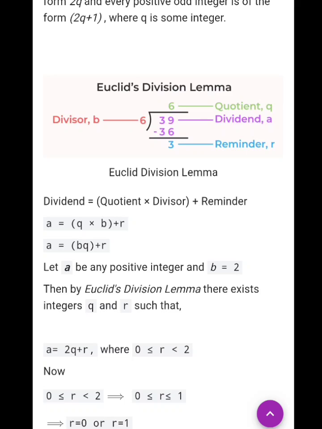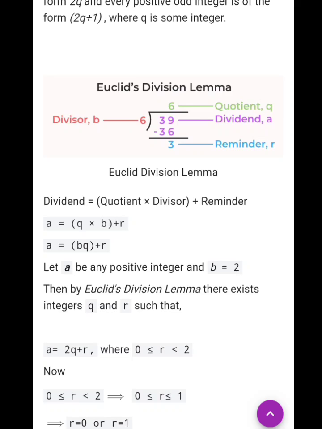So 6 goes inside 39 six times, and 36 subtracted from 39 results in a remainder of 3.